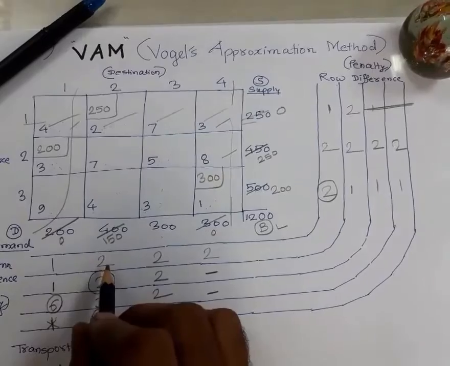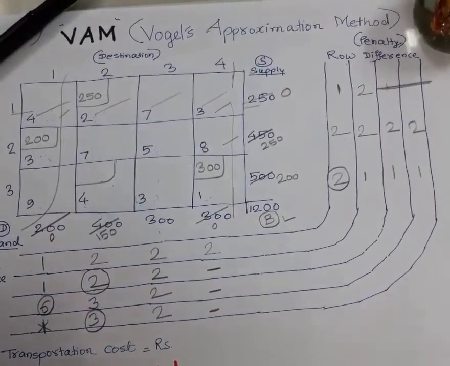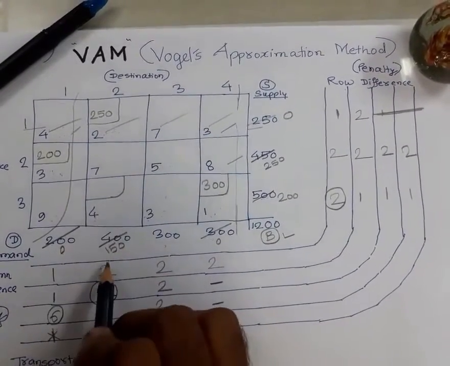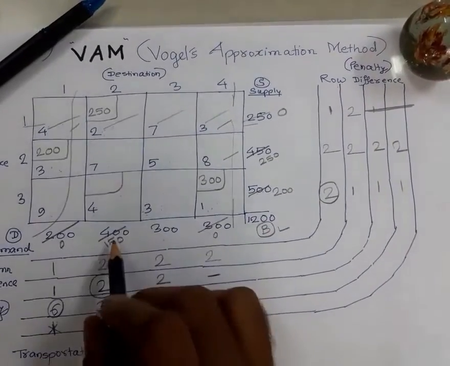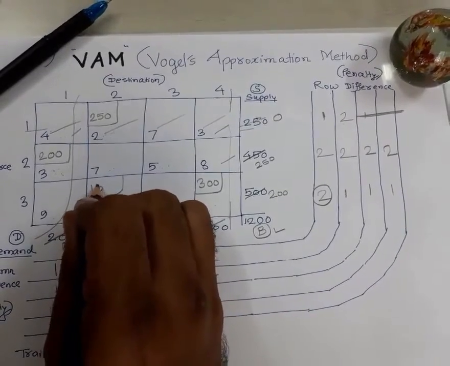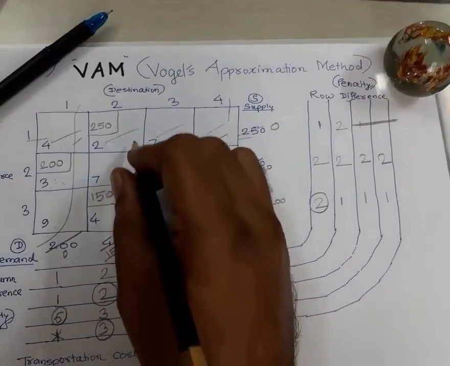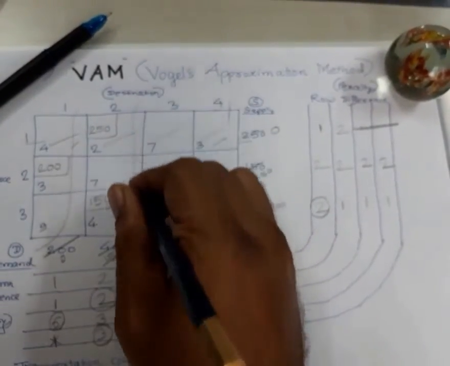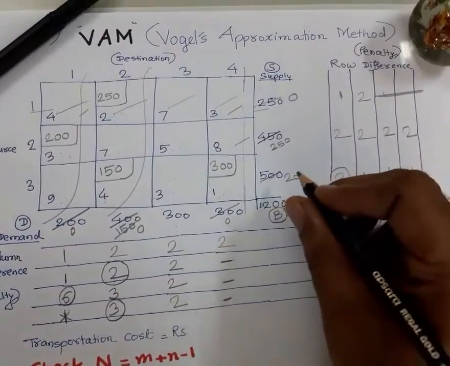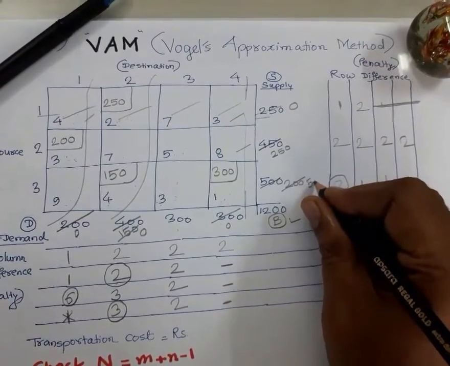In second column, find the smallest transportation cost. 4 is the smallest transportation cost per unit. Now for this cell I can allocate maximum 150 is here, 200 is here, so that I can allocate maximum 150. This will become 0. Now this is also deleted. Now after 150 this will become 200 minus 150, this will become 50.